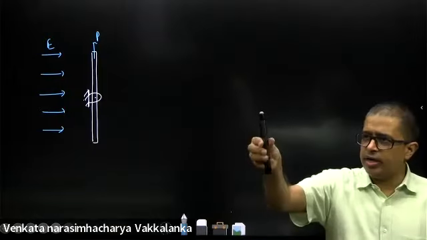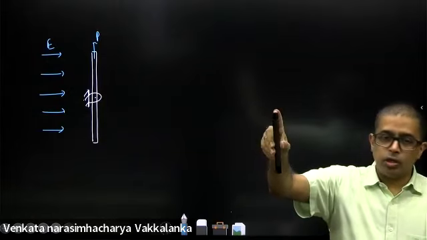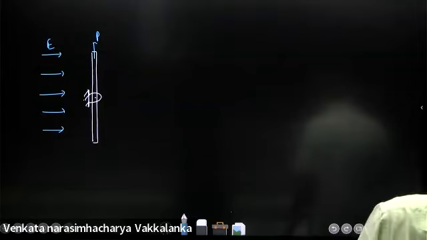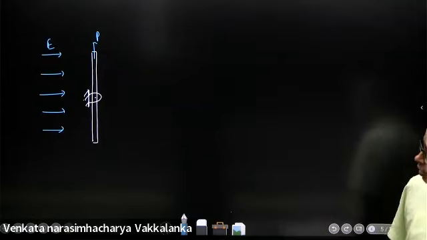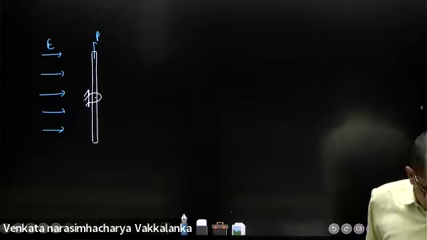A thin rod hinged at the center which can rotate in the vertical plane. At the top position, you have fixed a dipole, and then switched on a uniform electric field towards the right. Find the omega of the rod when it becomes horizontal.